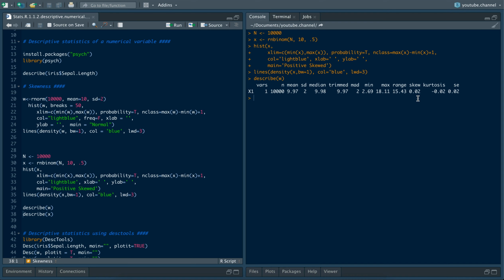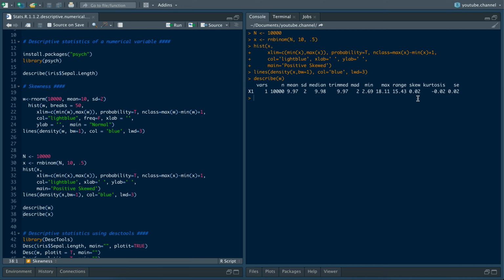This is a very small skew, and that tells you that basically the curve is most likely to be normal. At the same time, the kurtosis is also a statistical measure of this shape. Basically, when the skewness differentiates extreme values on one side or the other tail of the curve, kurtosis measures extreme values in either tail.